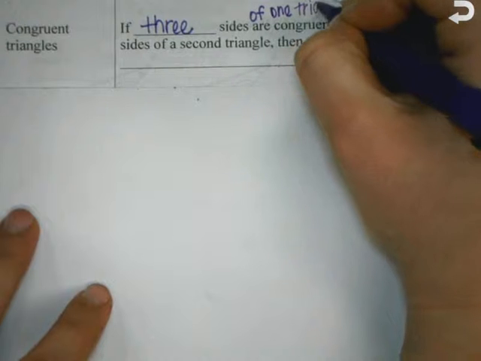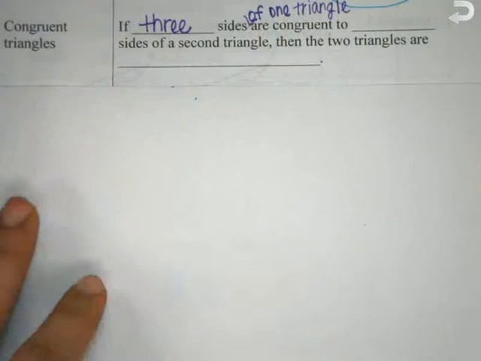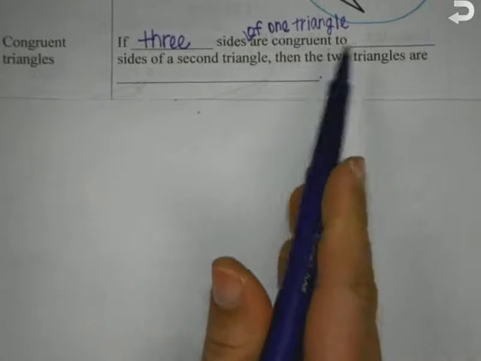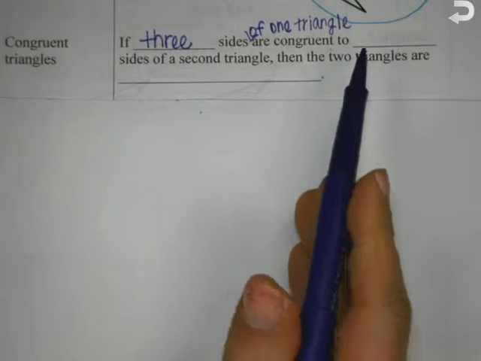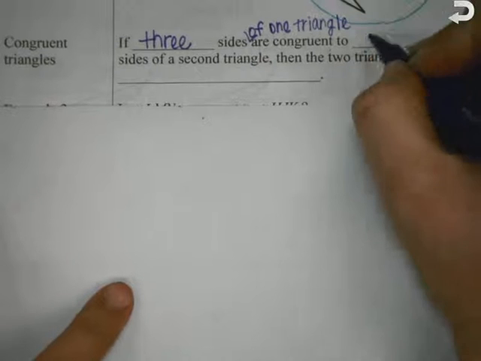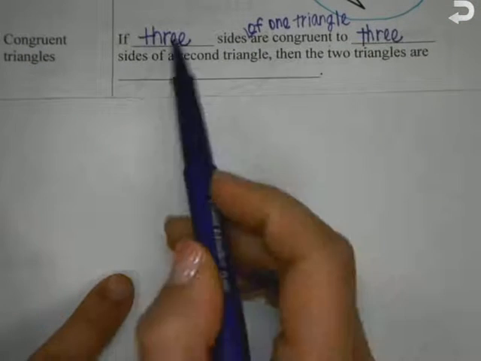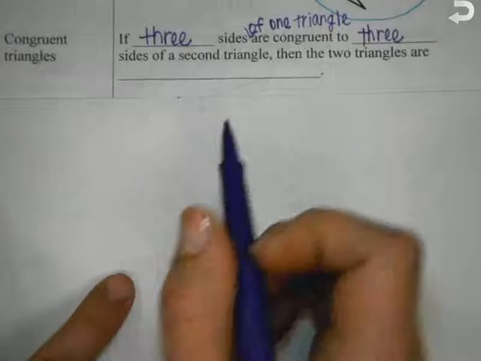Okay, I accidentally forgot. Sorry, guys. So just insert that in. If three sides of one triangle are congruent to three sides of a second triangle, then the two triangles are congruent.